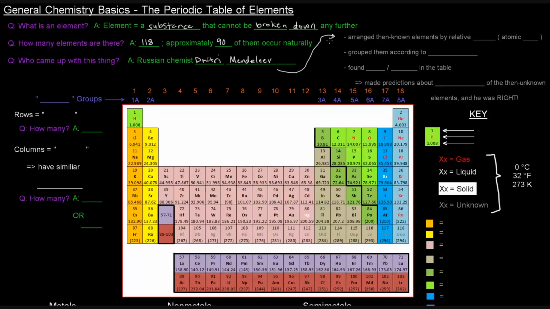At the time there were a certain number of known elements, and he arranged the elements that were known at the time by relative masses. Or specifically what we know now, or what we call the atomic mass. And he grouped them according to their reactivity or their properties.